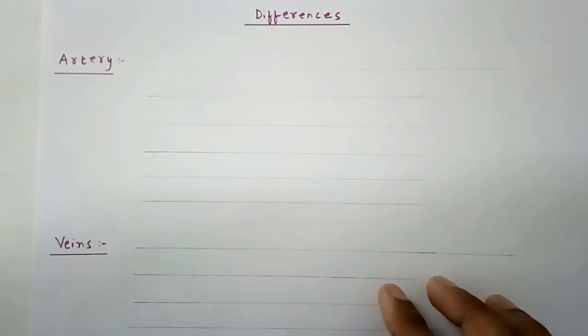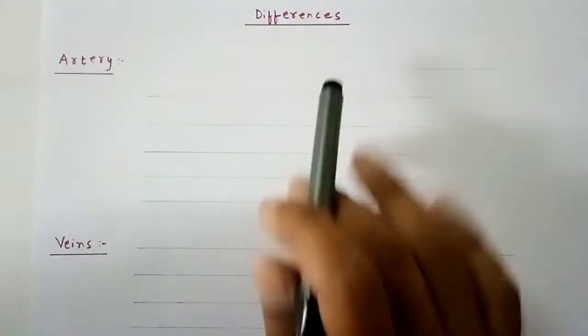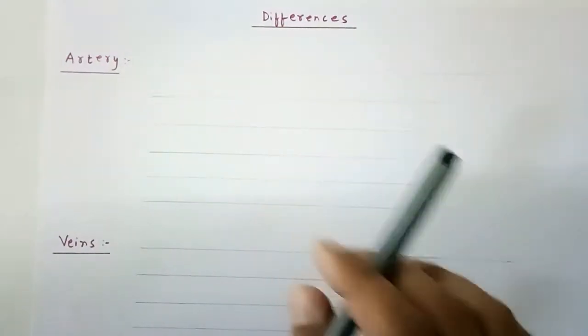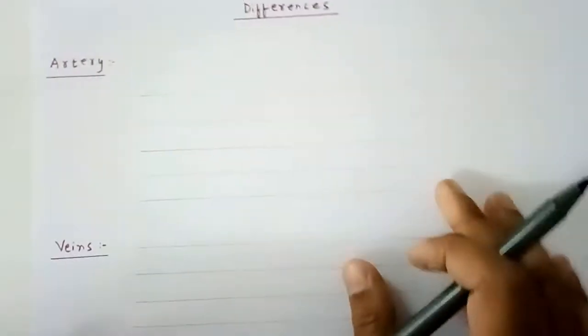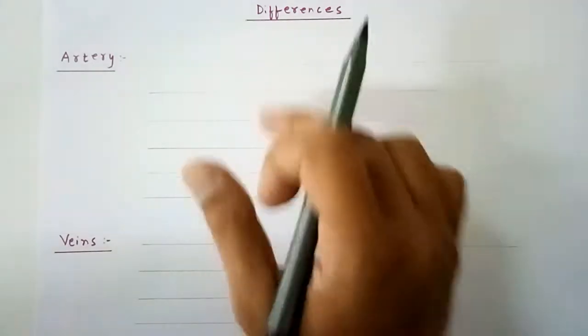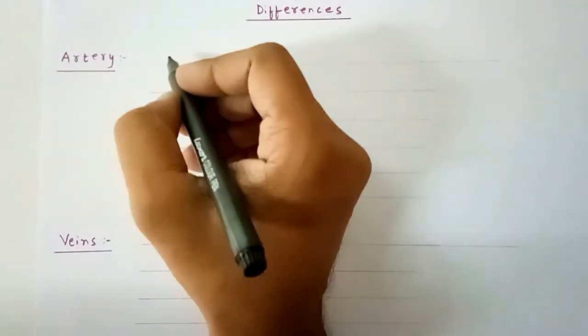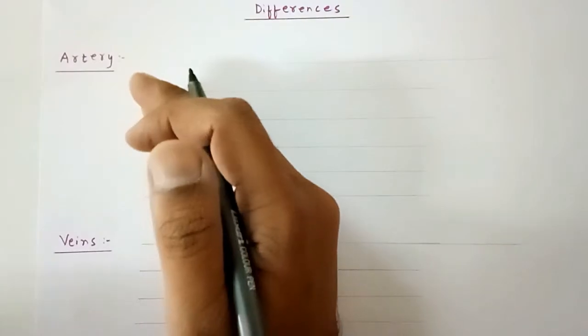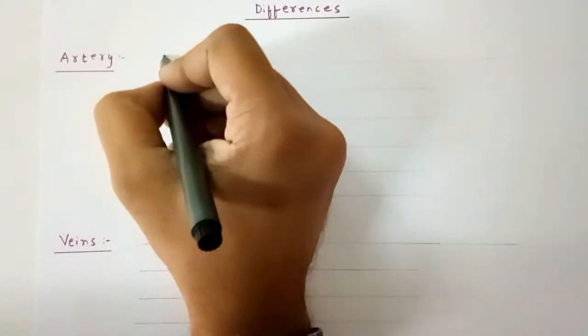Let's continue our discussion and jot down all the points that we had already discussed. Now, if you want to write down the differences between the arteries and veins, the first major difference is, arteries carry blood from the heart to the body organs.